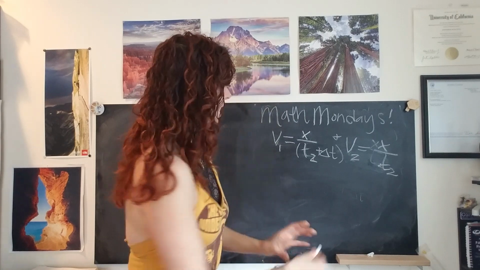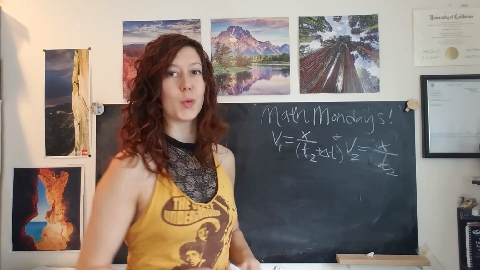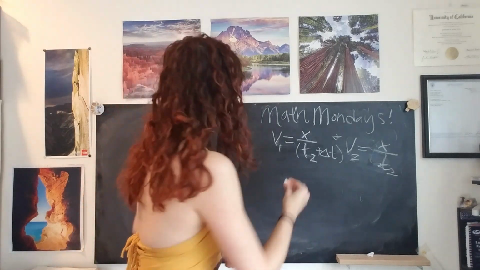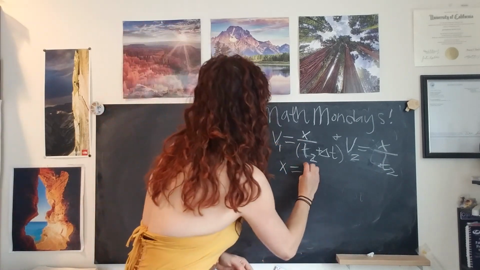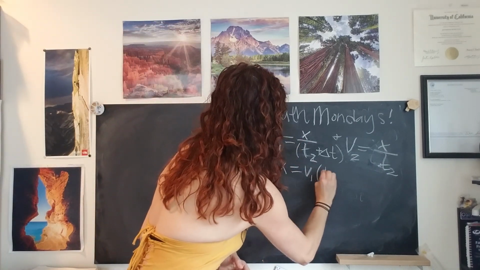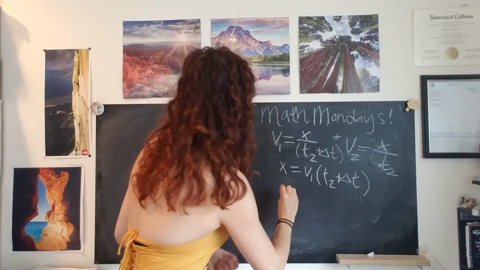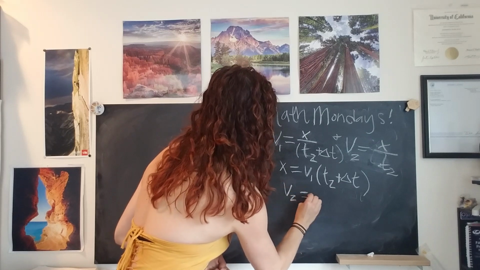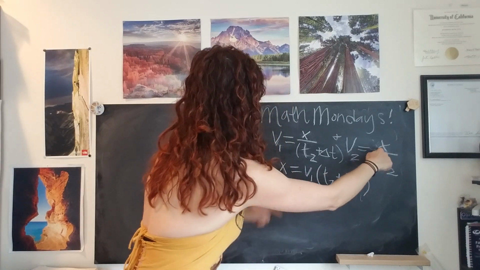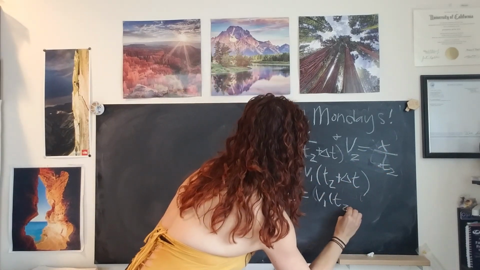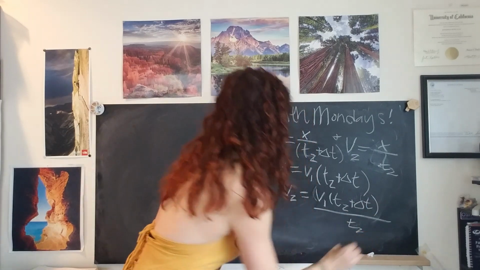So what we can do now is we see that we have X in both equations, so we can use substitution. Huzzah! So another way to write X using this first equation is V1 times T2 plus delta T. And then if we do that, we can write V2 equals V1, we substitute X, T2 plus delta T over T2.